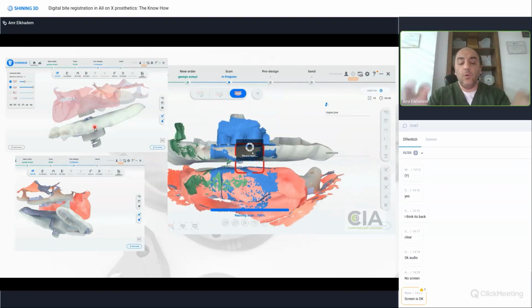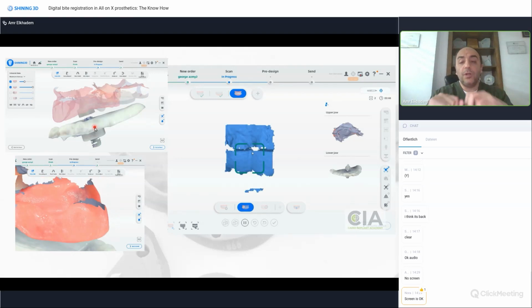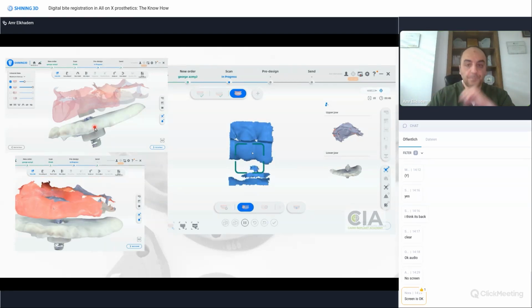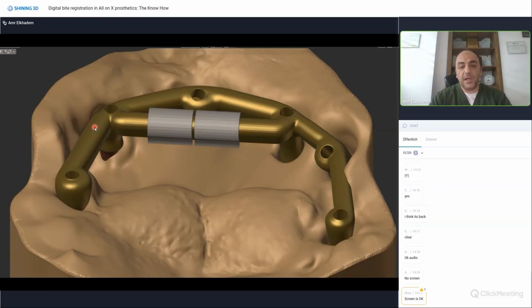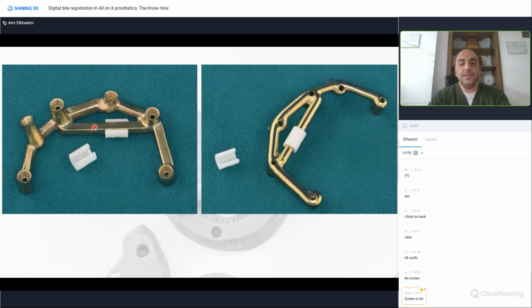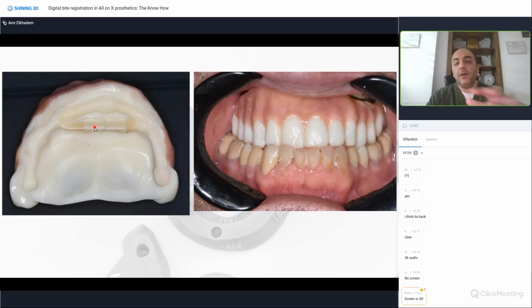You fix them over the implants and you adjust the bite and you take your recording. And eventually now we have the good jaw relationship. We design the bar and we design the denture, and this is how it looks. And this is how the obturator with the bar clips looks.